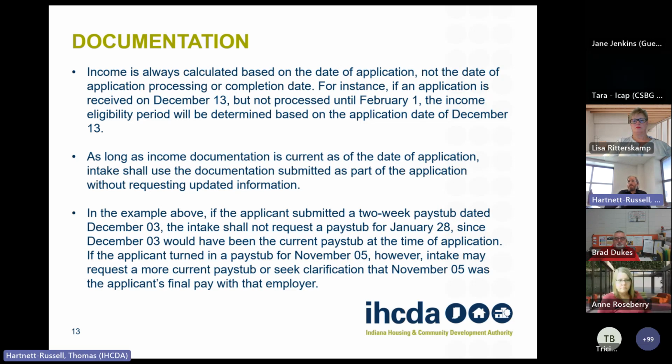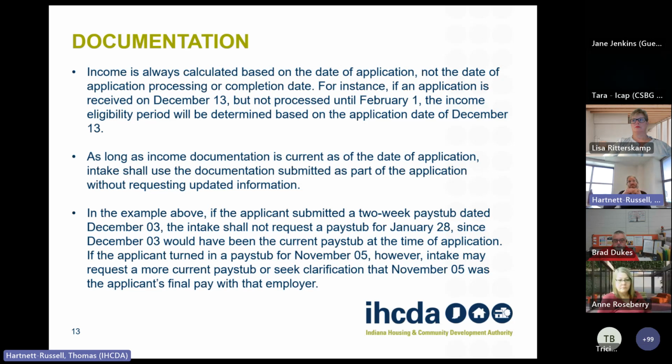As long as income documentation is current as of the date of application, intake shall use the documentation submitted as part of the application without requesting updated information. That is just to reduce that burden on the applicant, and it also helps your intake with not having to double handle files so much.